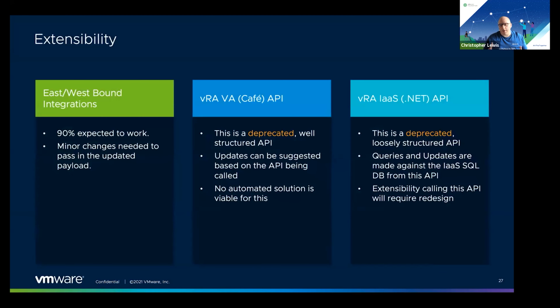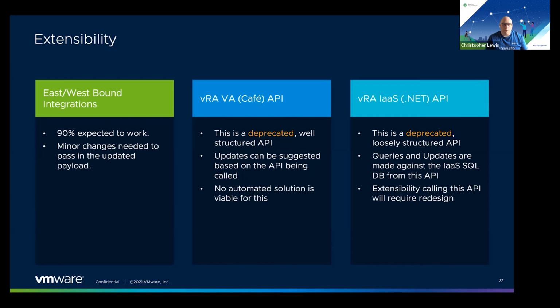Extensibility is a really hot topic. Essentially, if you forget about the APIs for vRealize Automation 7, we would expect somewhere between 85 and 90% of your workloads or your workflows to work in 8 if they work in 7, especially if they're using out-of-the-box functionality.